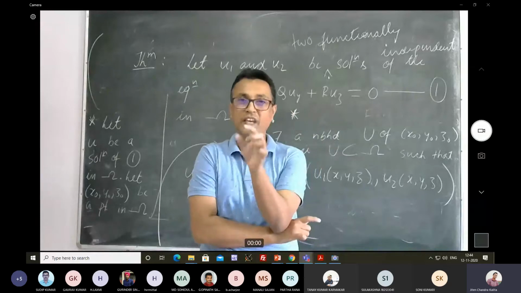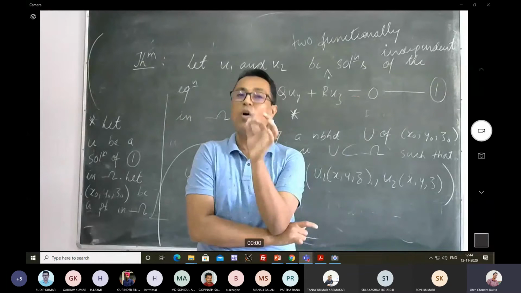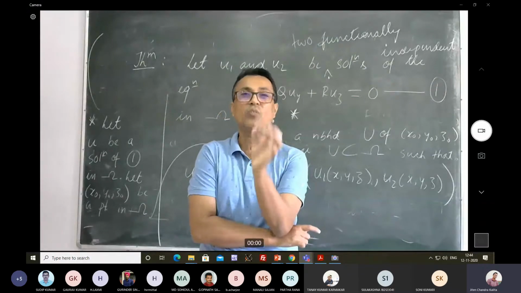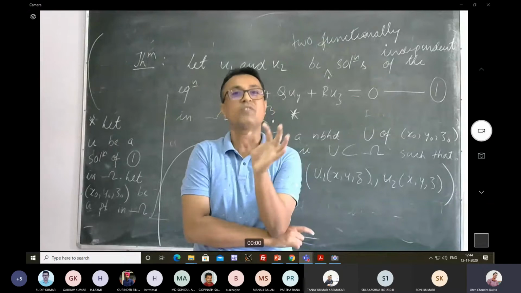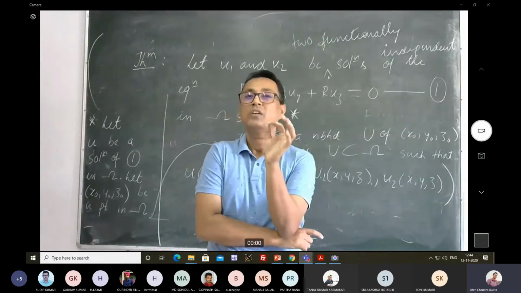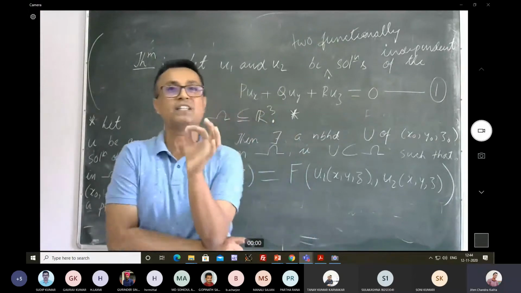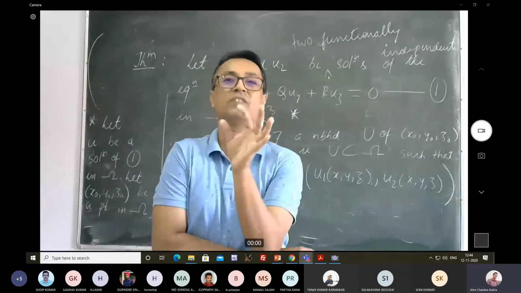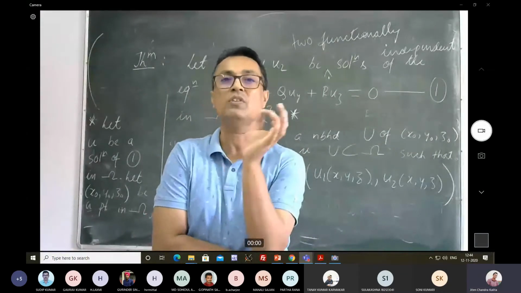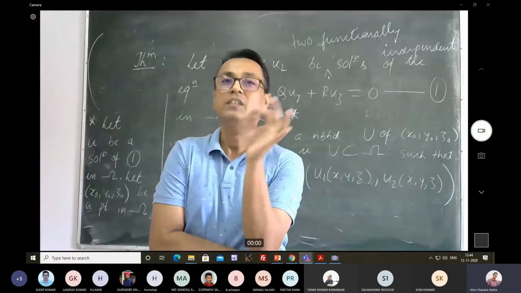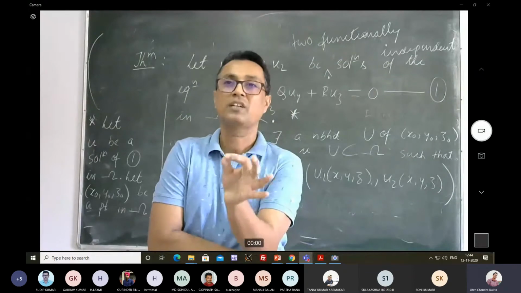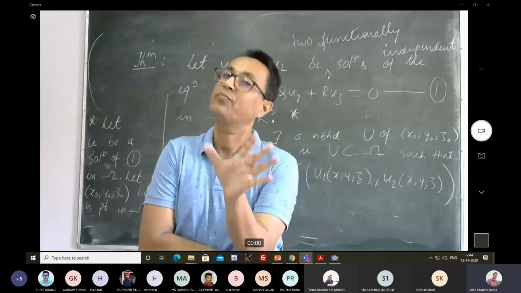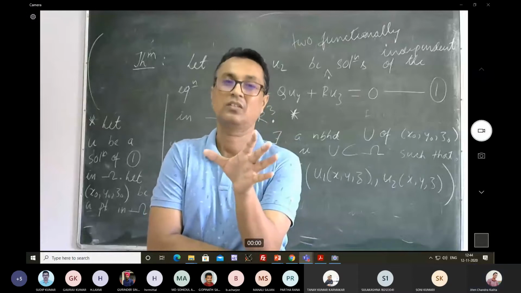Then, in the neighborhood of a point in the domain of definition of the function U, which is the solution, you would always be able to find two functionally independent solutions of the given differential equation, say U1 and U2, in such a way that U can be expressed as a function of two variables u1 and u2. Is it clear now?